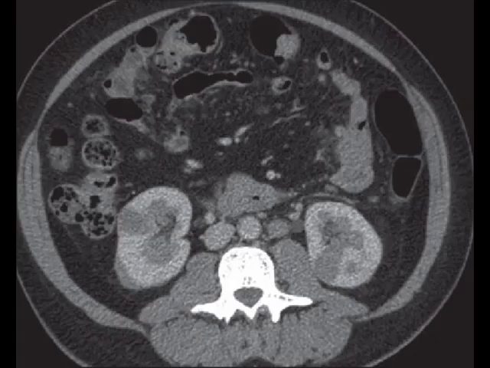The first and second common imaging patterns of lymphoma can be seen here on this picture. On the right is the most common pattern in around 60%, and that is multiple renal masses between 1 and 3 centimeters. You can see here, following contrast, the kidneys have enhanced nicely, but you have these homogeneously low attenuation areas within that enhancing kidney.